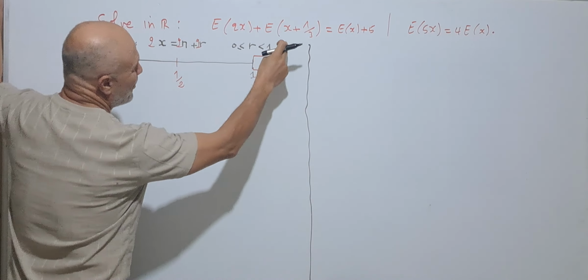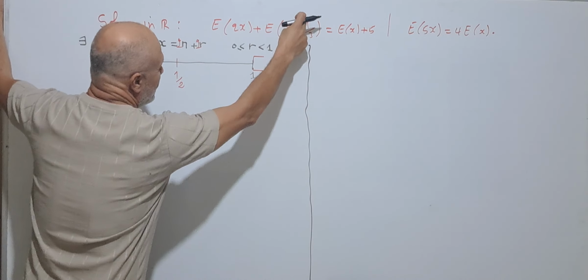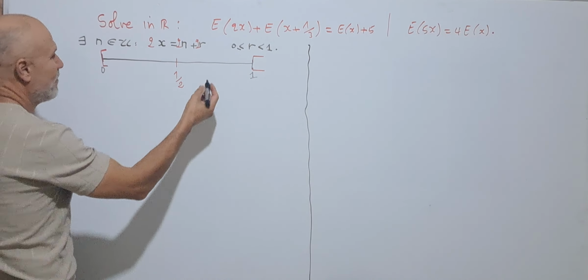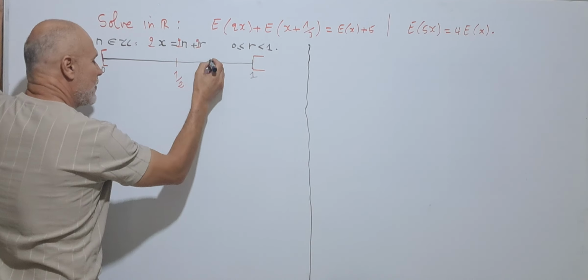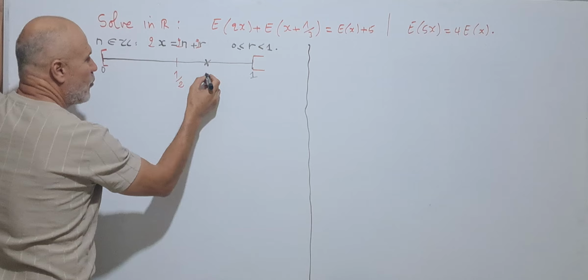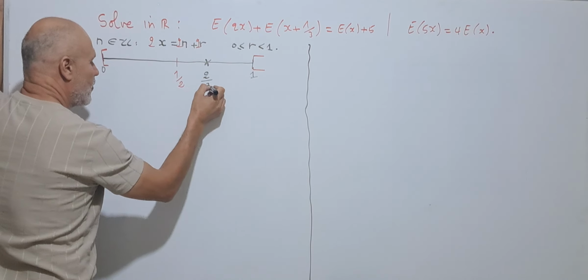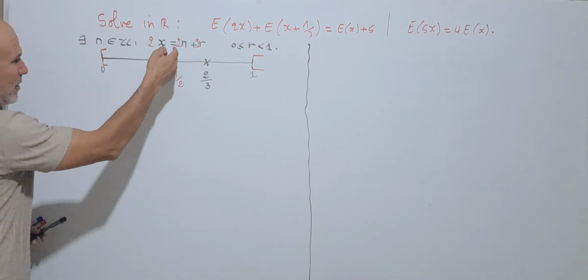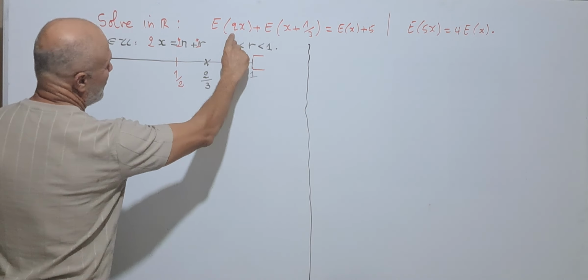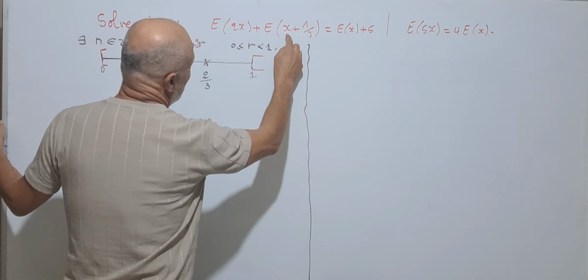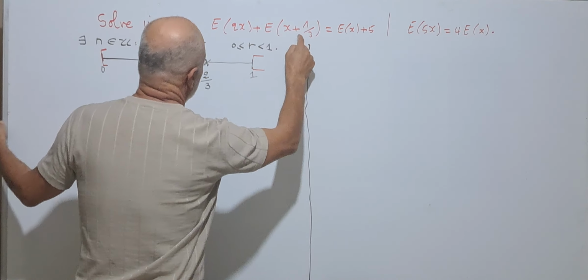Why 2 over 3? Because when we add 2 over 3 to 1 over 3, we get 1, and the integer part of 1 is 1. So here we have the second important point, which is 2 over 3. And we have 3 regions. The first one is fundamental because we have 2x, and the second one is fundamental because we have x plus 1 over 3.